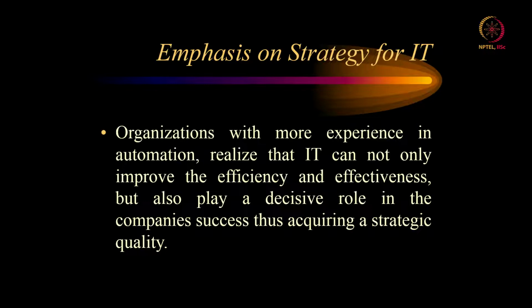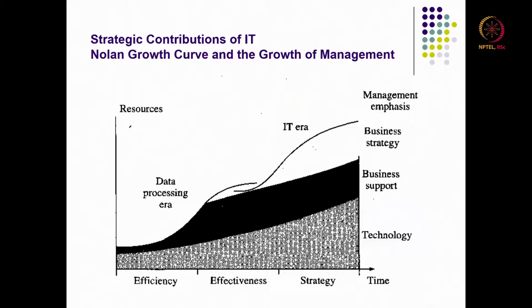So, this is given to you on page numbers 202 to 205, and there is also some reference to some curves. The one curve which is important with reference to strategic contributions of IT is the Nolan growth curve.